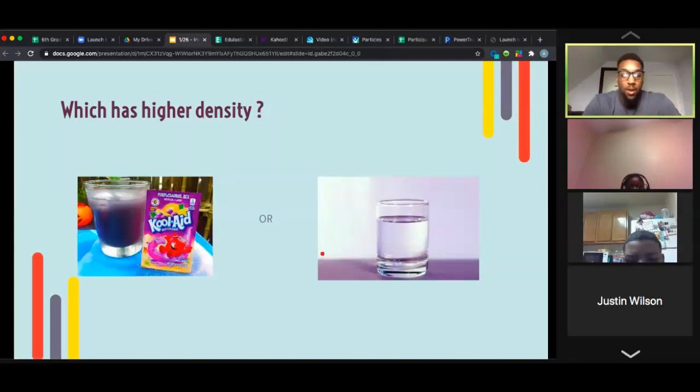Okay. So real quick in the chat, this is actually very easy. Which one has higher density? Is it the Kool-Aid or the water? We answered this question 1,000 times. What has higher density, the glass of Kool-Aid or the glass of water? Thank you, Zalia Coachman. Thank you, Zamari.